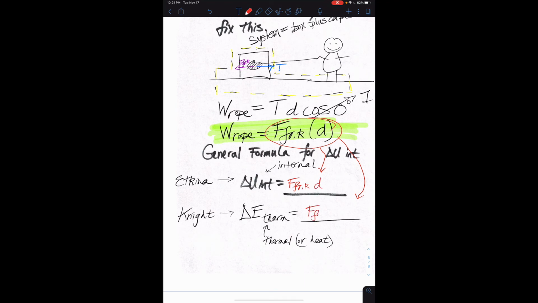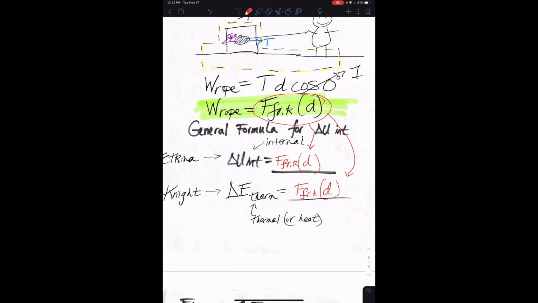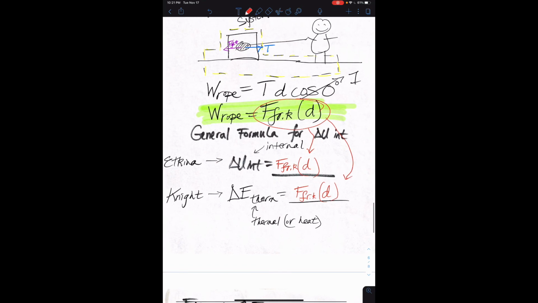Because I could have just given you these formulas, but you would have been like, well, where the heck did force, friction times distance come from? So what it comes from is that it is another way of writing the external work being done on the system.